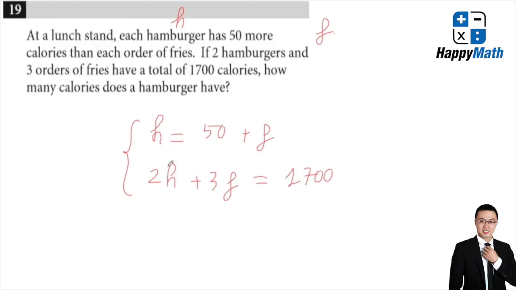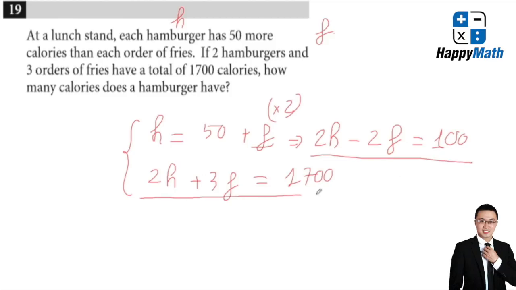And maybe I will multiply the first equation by 2. So I will have 2h minus 2f equals 100. I change f from the right-hand side to the left-hand side. Take the second equation minus, or subtract, this one. 0 minus 5f equals minus 1060 in here.